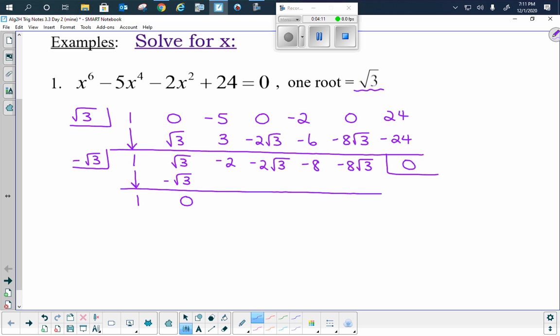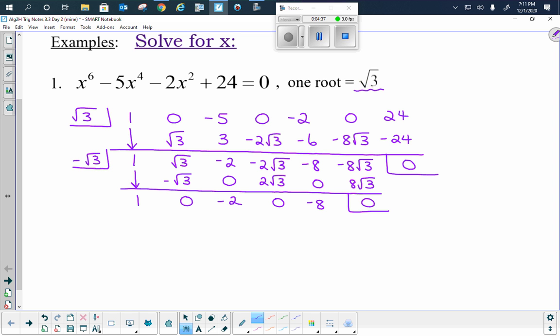Add straight down to get 0. 0 to get -2. -2 times -√3 is +2√3. Add straight down to get 0. 0 times √3 is 0. -8. -8 times -√3 is +8√3. Box it again. Add straight down to get 0.